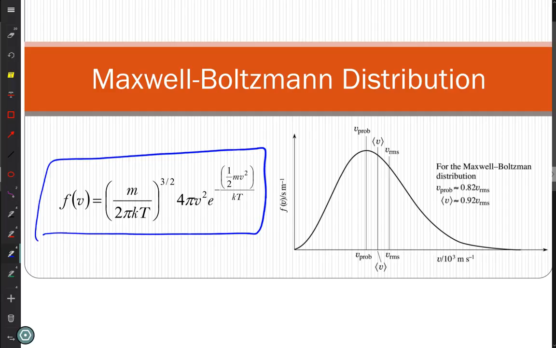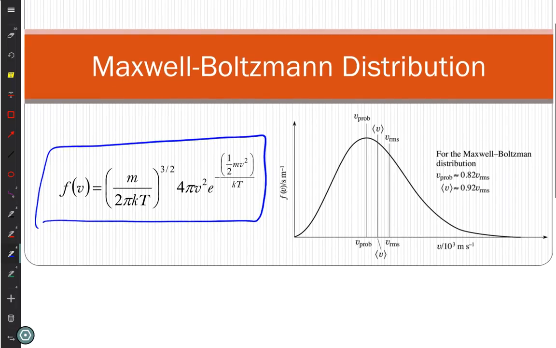It's an equation that was developed by using statistics. So it's purely statistics, and we're not going into the statistics of how they did it. But we want to see how that plays out. The important thing to understand about that equation is it's telling us the probability of having different speeds.